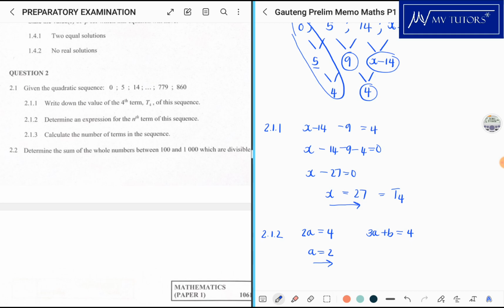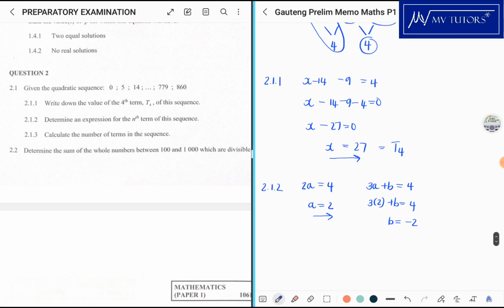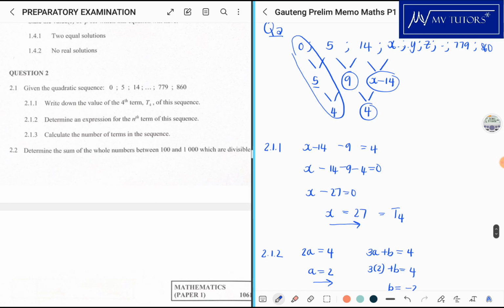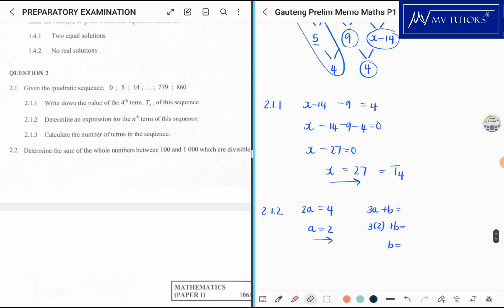So 3 times 2 is 6. If I take 6 to the other side, it will be 5 minus 6, so b is equal to negative 1. My bad, I actually underlined the 5.